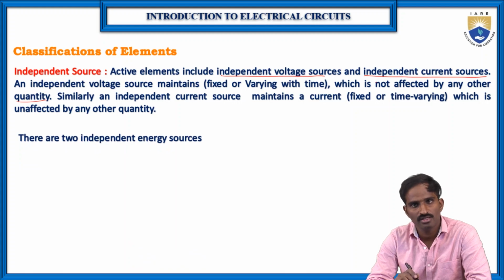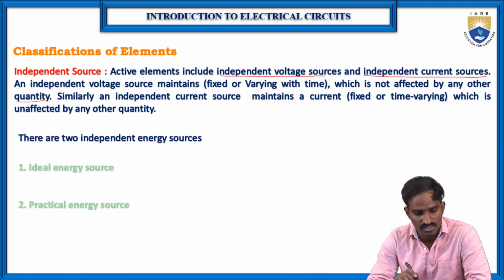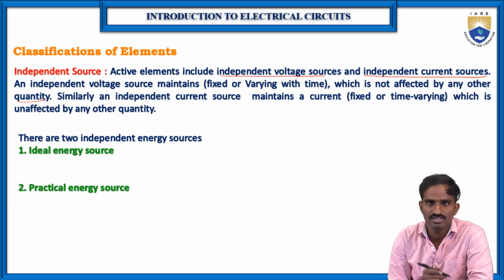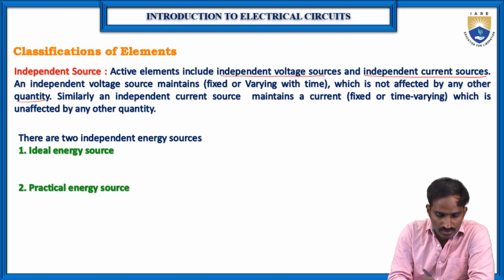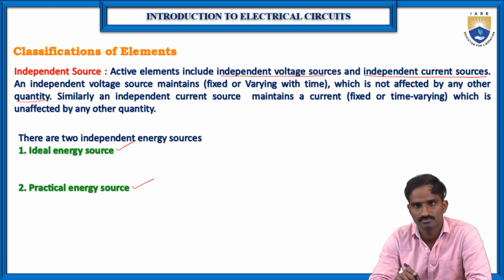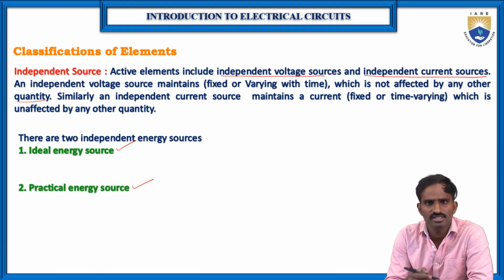Again, there are two different independent sources. One is the ideal energy source and the other is the practical independent energy source. So now we should know the difference between ideal and practical. Here also the name itself gives the definition.